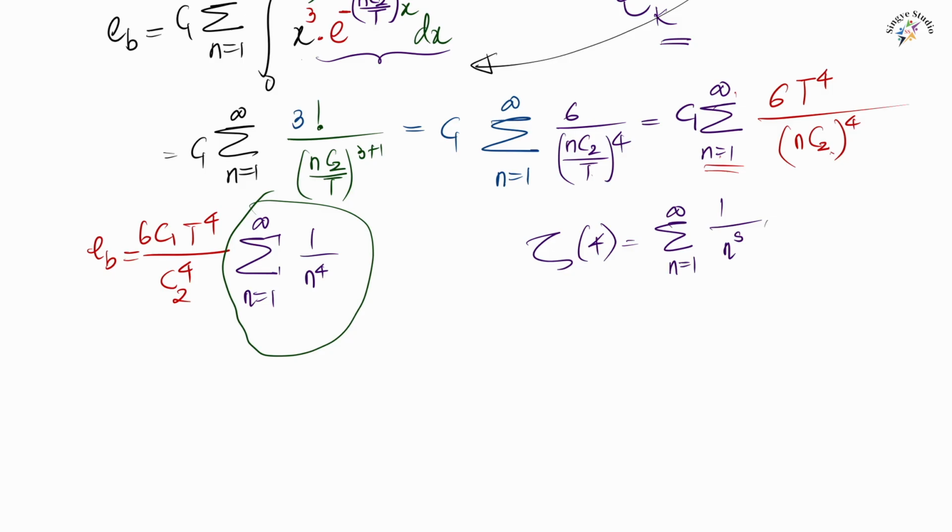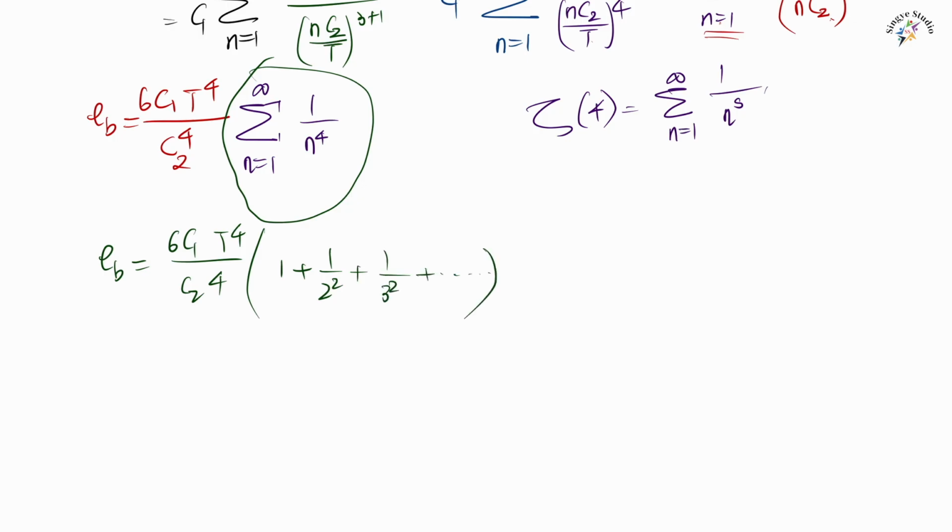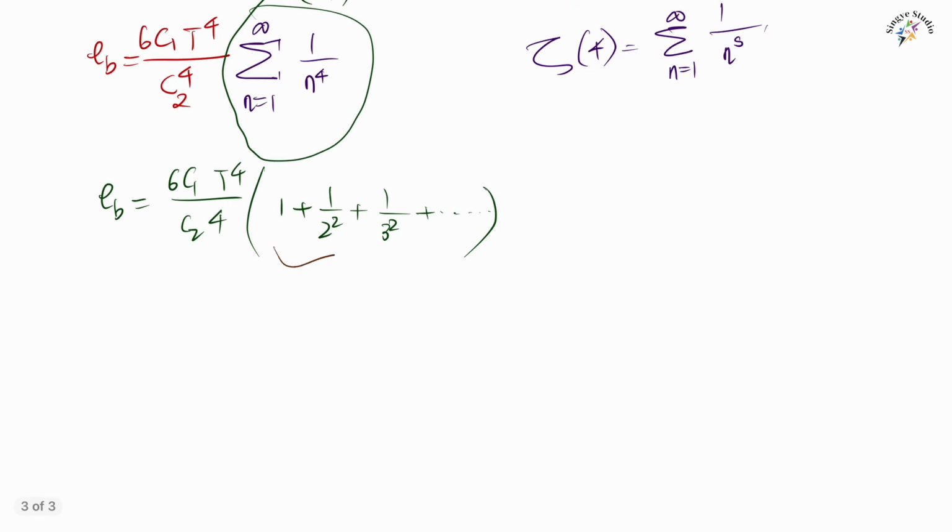So in this, you can expand this series in the form E_b equals 6 C1 T to the 4th by C2 to the 4th. You can expand this and you can say 1 plus 1 by 2 squared plus 1 by 3 squared, like this, right? And now you might be familiar with this series.